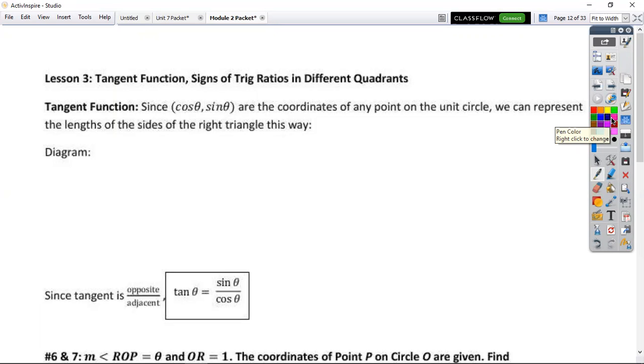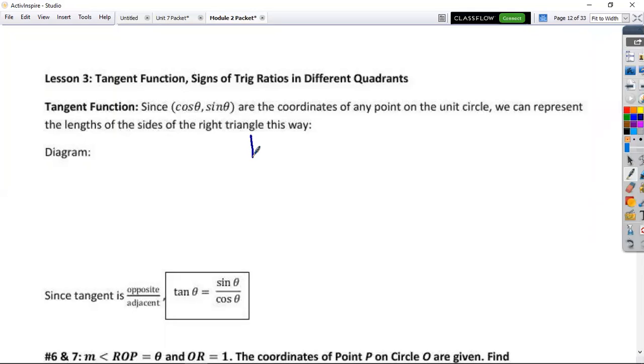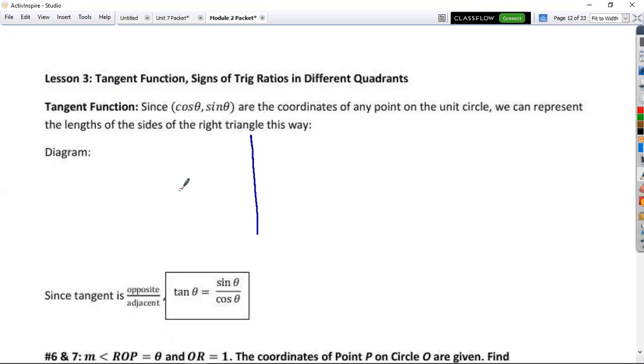All right, so right here, I would like you to draw in your 4 quadrants and do your best and draw a circle. I know it is easier said than done.